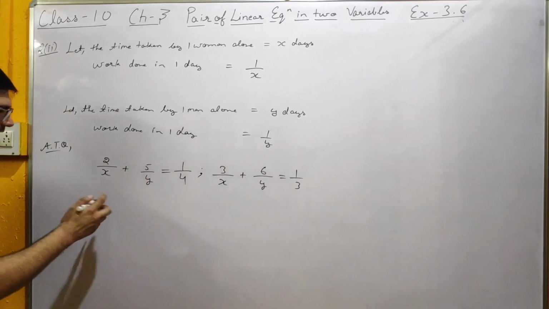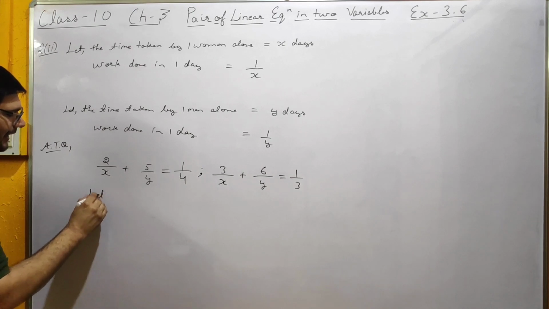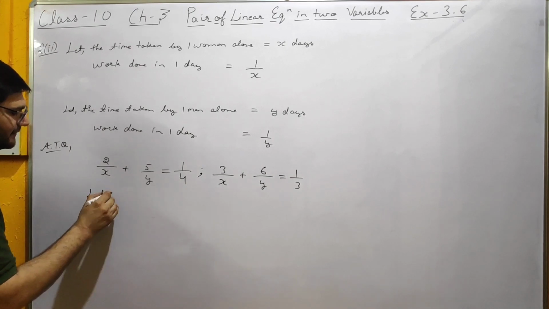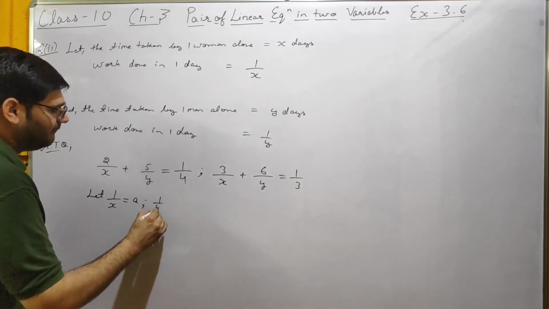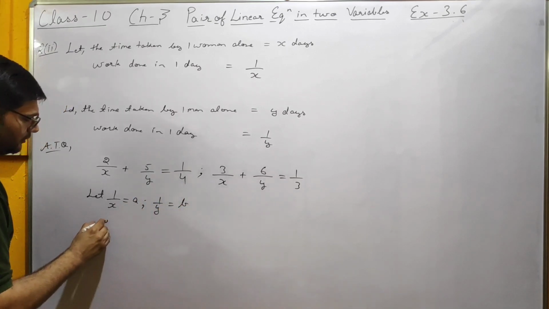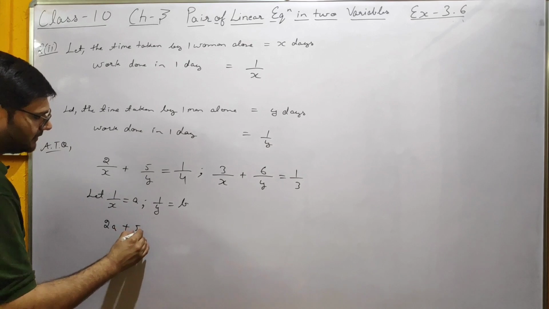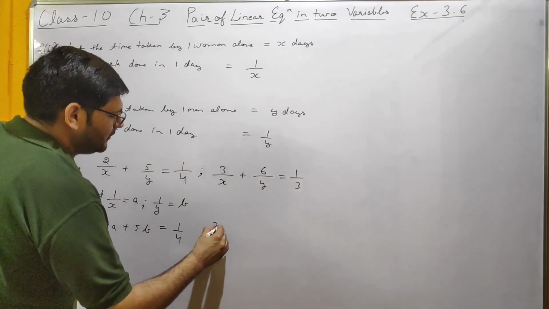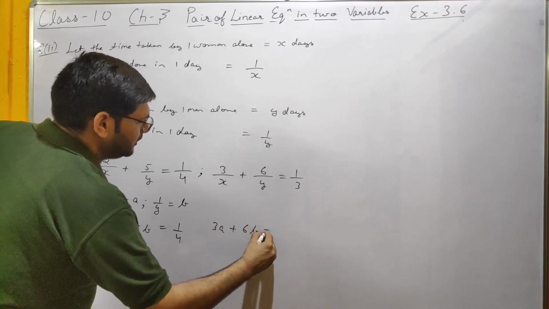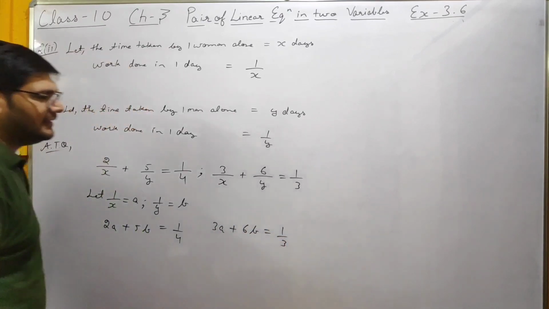Now, by the substitution method, let 1 by X equal A and 1 by Y equal B. So 2A plus 5B equals 1 by 4, and here 3A plus 6B equals 1 by 3. Clear?